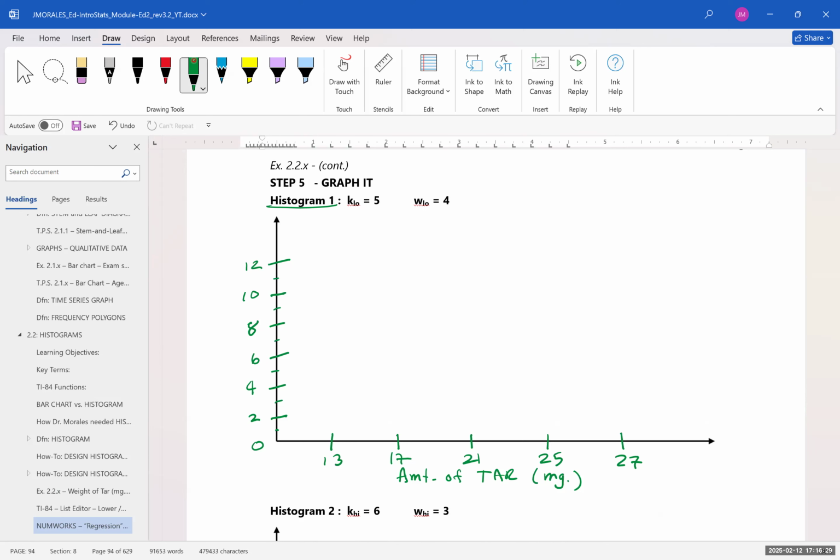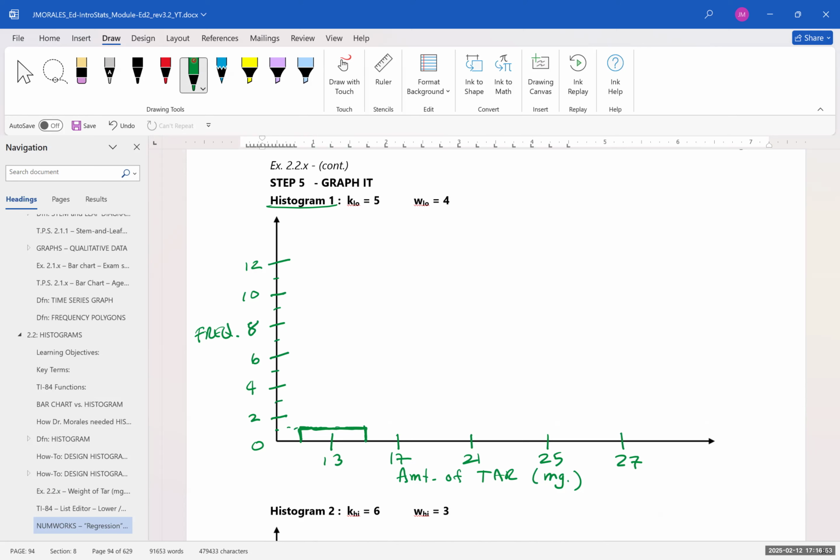All right. So class 1 has a midpoint of 13, and this had a frequency of 1. So I'm going to go as high as 1. I should label this frequency. There we go. And so this is going to be the bar for class 1.